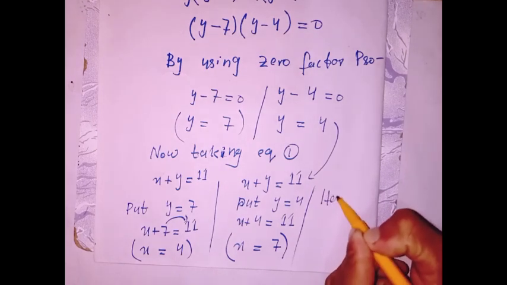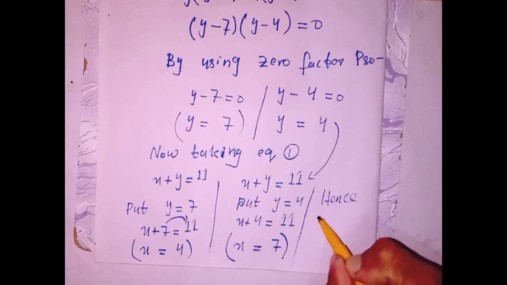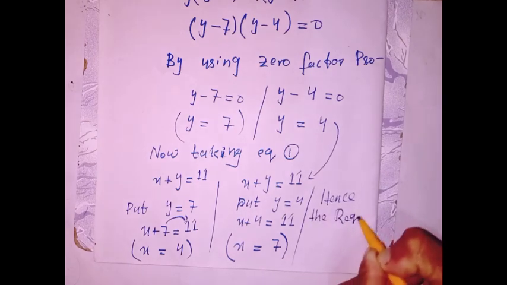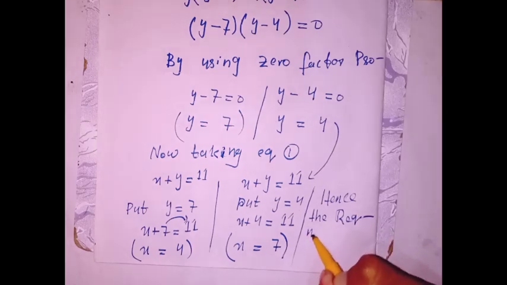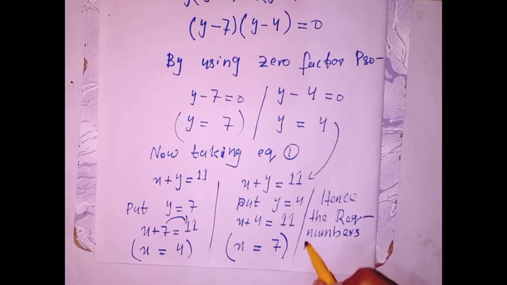So hence we can write the required numbers which we are asked in the question. The required numbers are 4 and 7, and that's all for today's lecture.